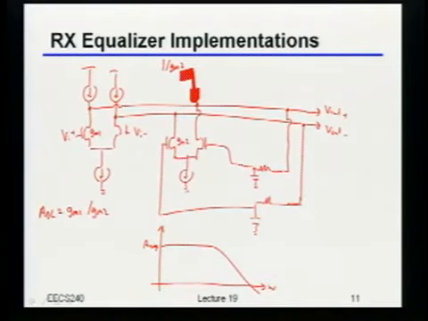Okay, so in other words, if this A used to be, let's say, GM RL, now what I'm actually going to get is GM1 over GM2, right?